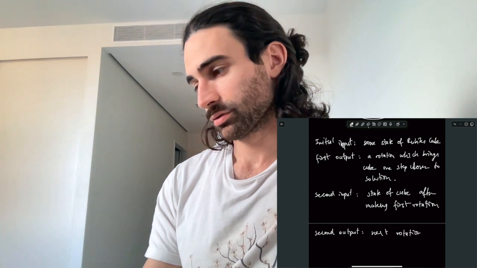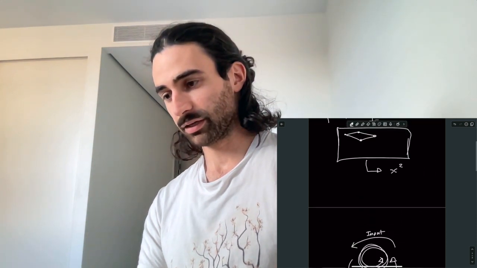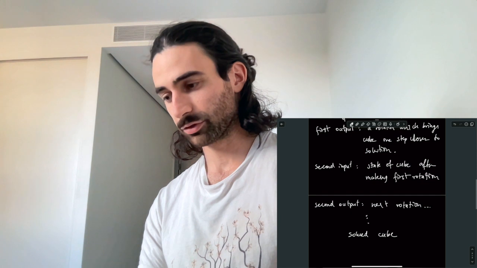And then the second output will be the next rotation you need to make. And so on and so forth until eventually we get to a solved cube.